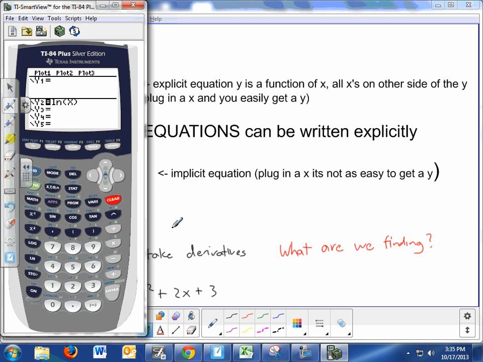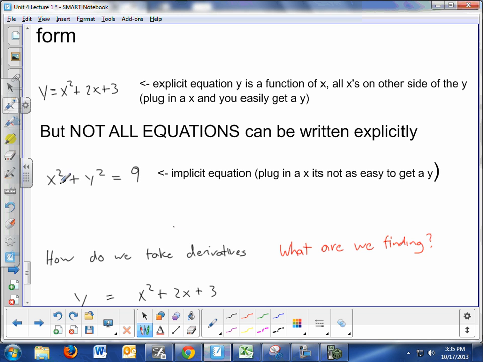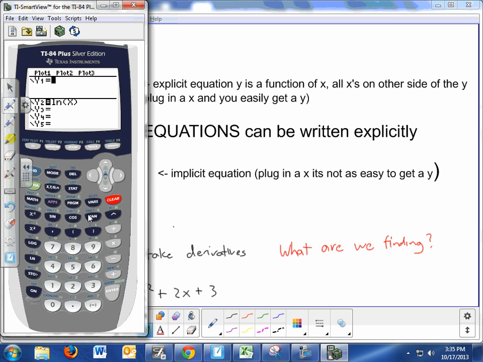Y is equal to positive square root of 9 minus x squared. Let me just show Mr. Brooks here. Are you sure? I'm positive. All right. Yes, you can't plug it in like the x's and the y's in there.